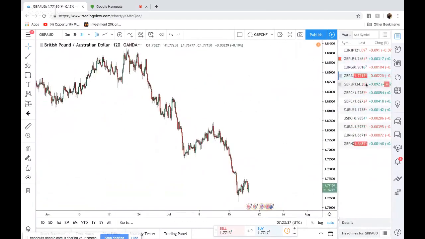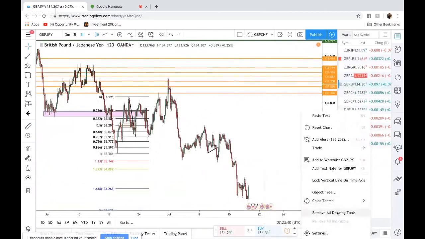Here, let me grab some of these. I'm just looking at some of these pairs, making sure that they're all clean.